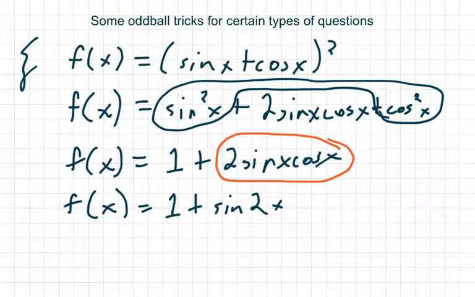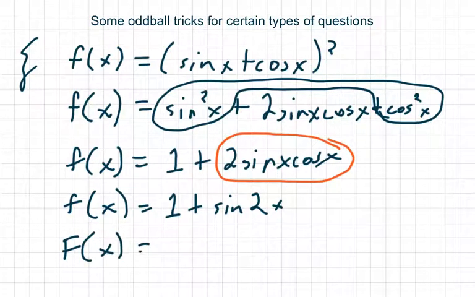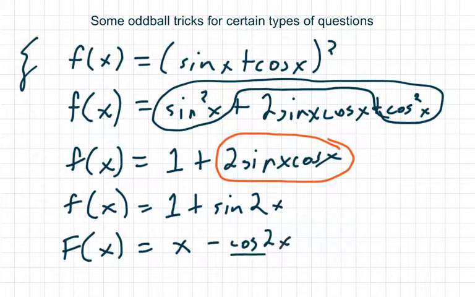So the integral of f of x is equal to the integral of 1, which is x, plus the integral of sine 2x, which is negative cos 2x over 2, plus a constant.